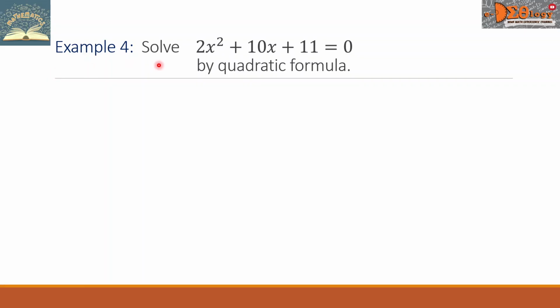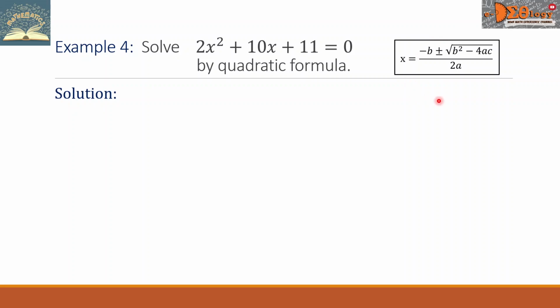Example 4. Solve 2x squared plus 10x plus 11 equals 0 by quadratic formula. We have our formula in here. Now let us collect the values of a, b, and c. The a is the coefficient of x squared. So we write here a equals 2. The b is the coefficient of x, and this is positive 10.